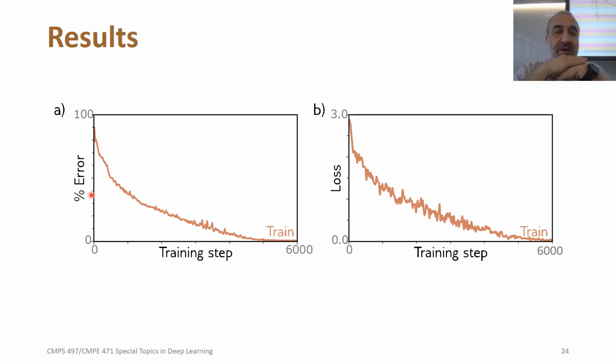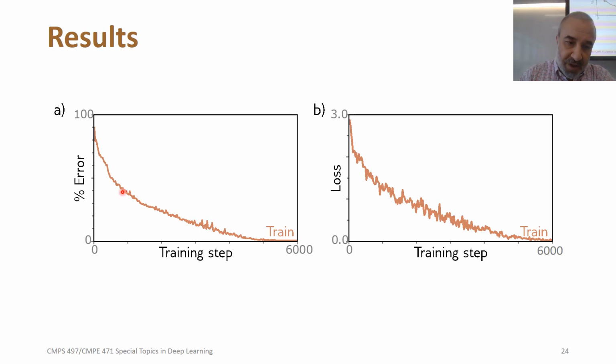Is that something expected, that as we go through more steps, the percentage of errors is decreasing? Yes, we are training. We are moving forward in training, right? So when we train more, of course, the model is getting better.